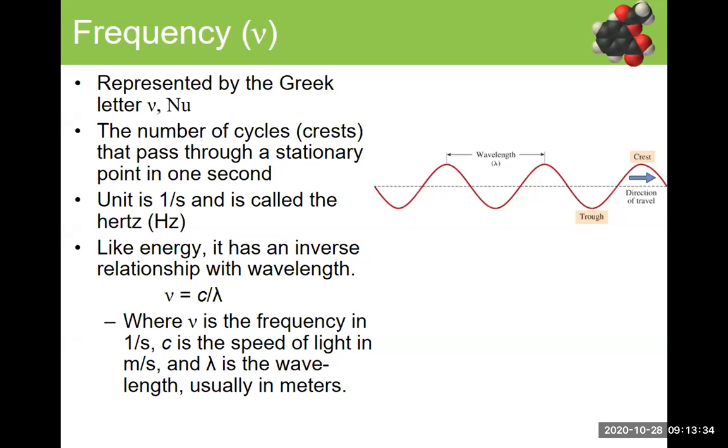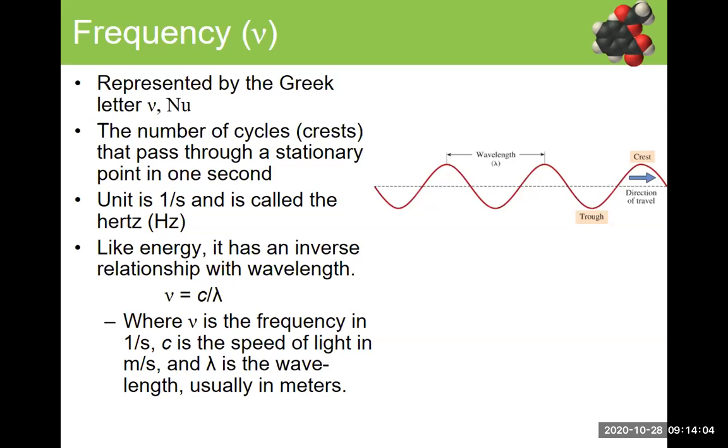So frequency equals the speed of light, which is c, and that's expressed in meters per second, divided by the wavelength. So one thing that should jump out at us is if our speed of light constant is expressed in meters per second, then if we're going to use this formula, our wavelength needs to be in meters.